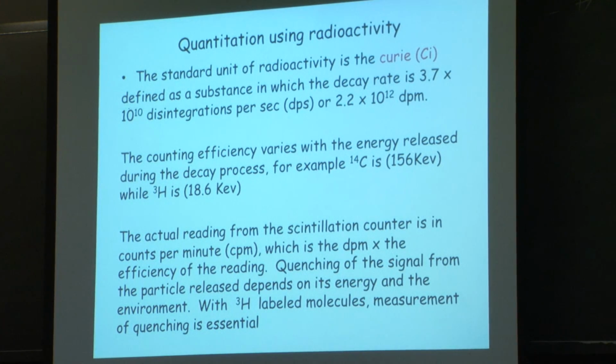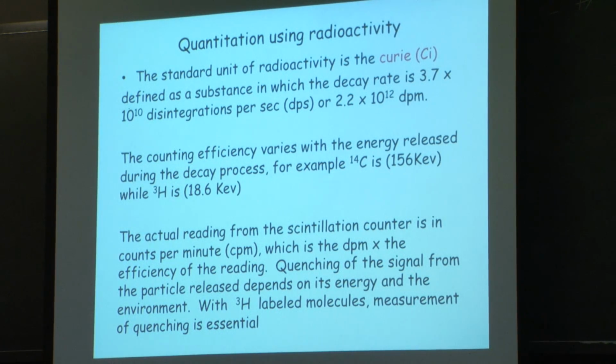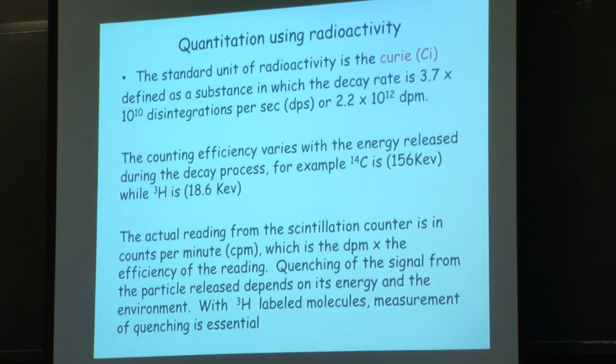So 1 Curie equals 3.7 times 10 to the 10th disintegrations per second, or the number that you often see is 2.2 times 10 to the 12th disintegrations per minute.